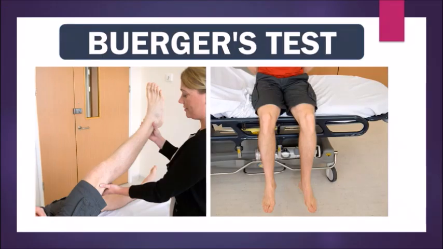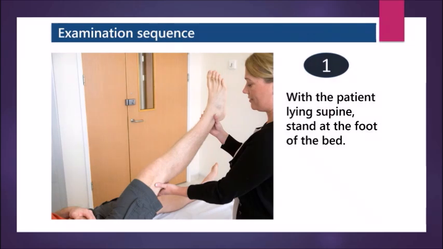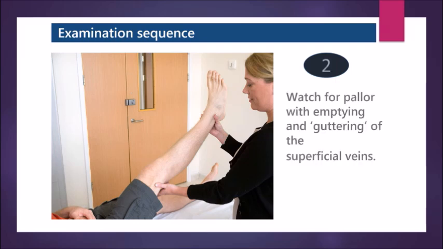Buerger's test is an important test in physical examination and clinical research, which is used to assess the adequacy of arterial supply to the legs. Examination sequence: with the patient lying supine, stand at the foot of the bed. Watch for pallor with emptying and guttering of the superficial veins.